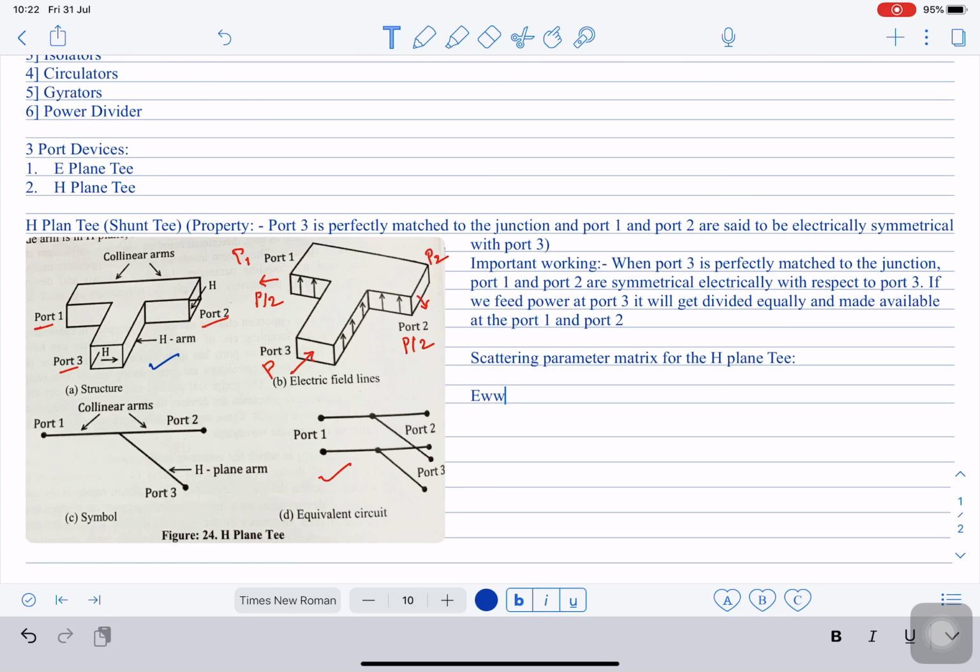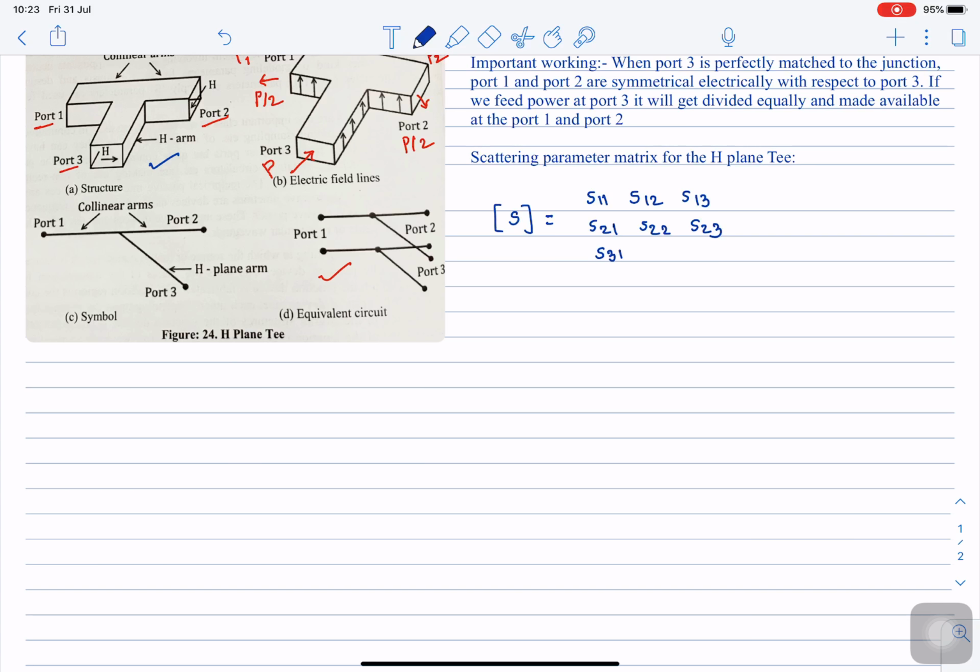Similarly, S21, S22 and S23, and finally S31, S32, S33.